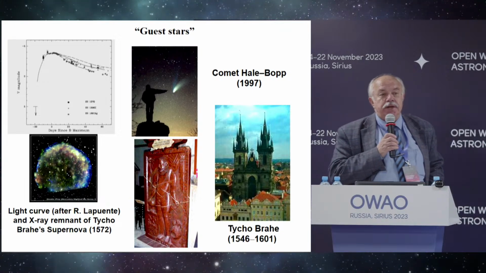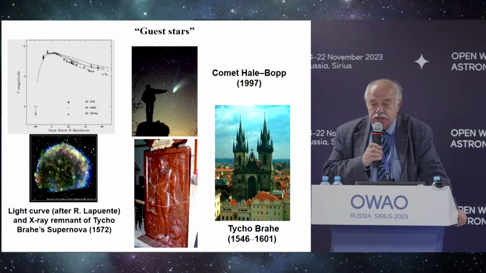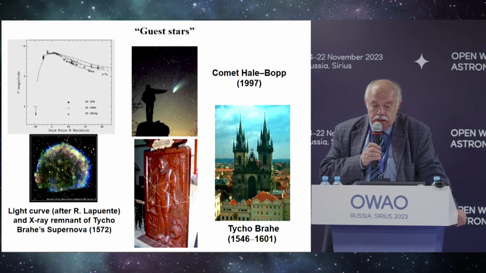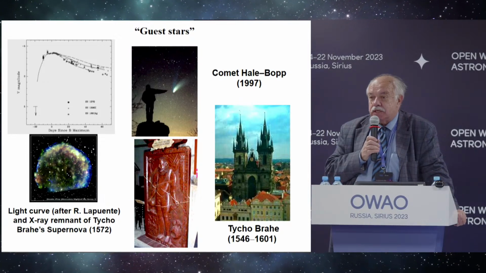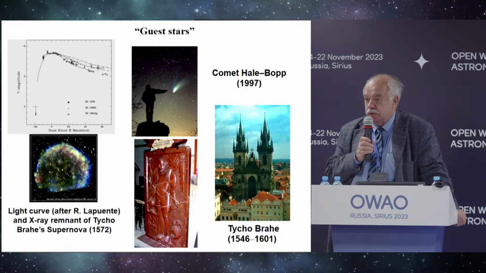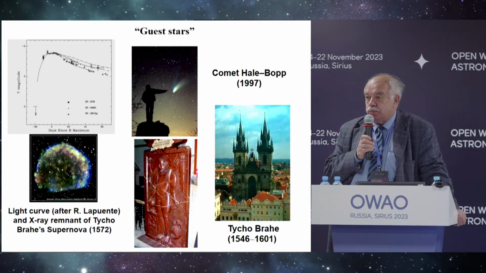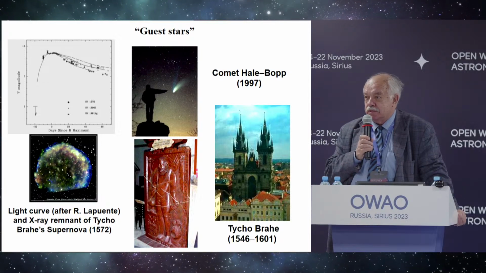The first variable stars discovered by mankind were the so-called guest stars. Guest stars, this term had two quite different meanings. Guest stars could be comets. They arrived, they were guests.